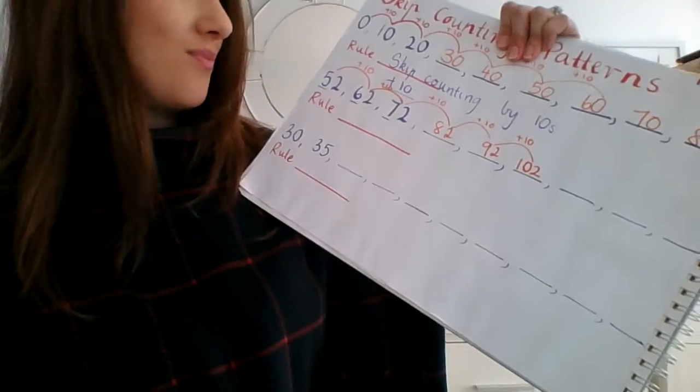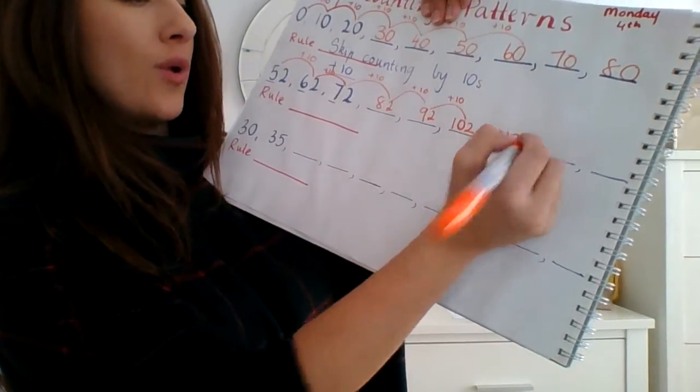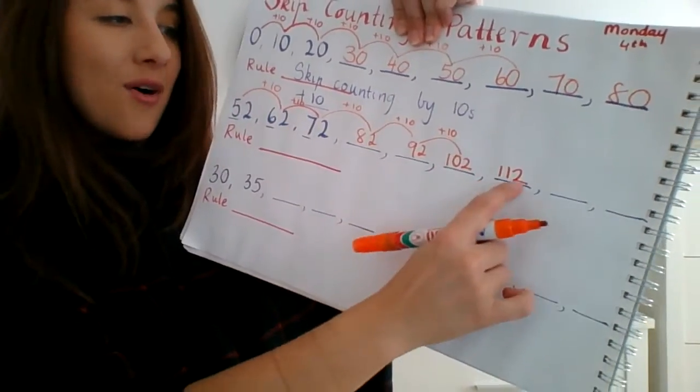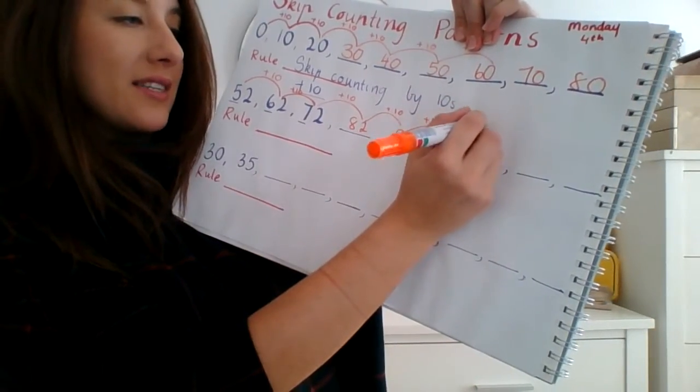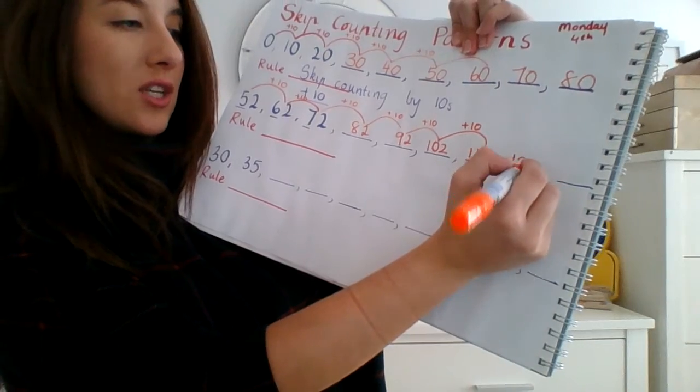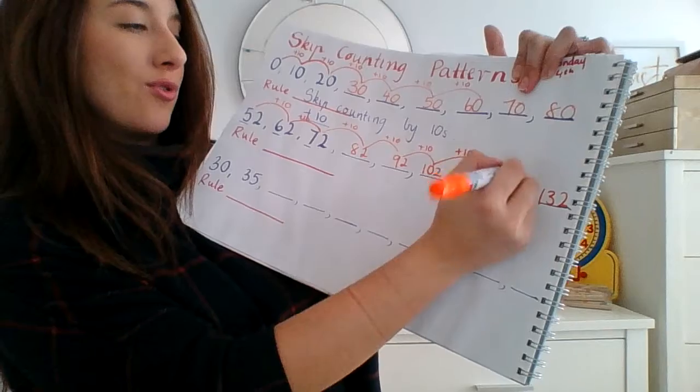So 10 more than 102 is 112. Okay, see how they all end with 2? So I've added 10. I know that next it's 122, 132.